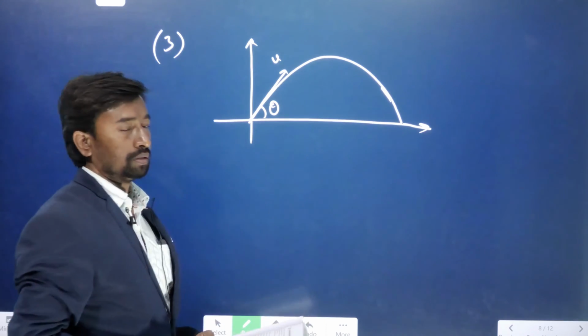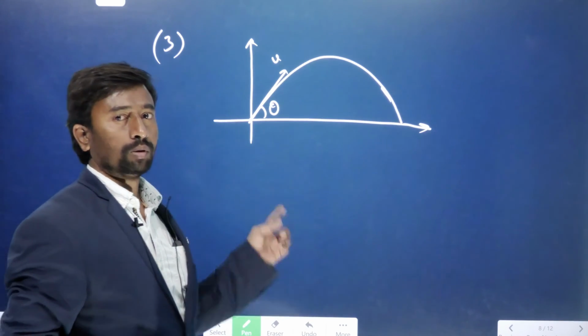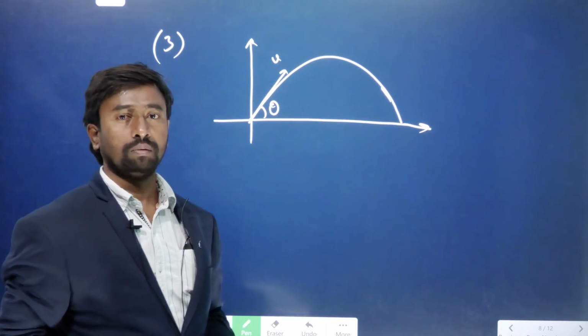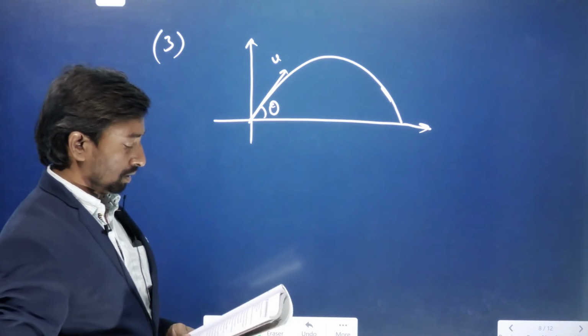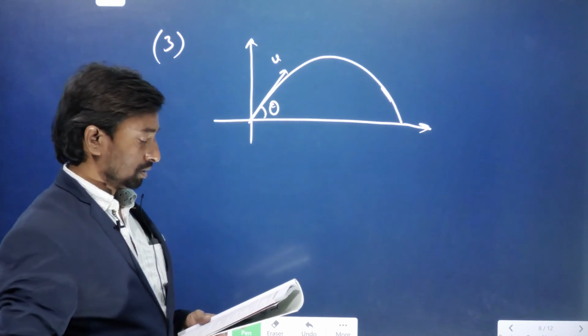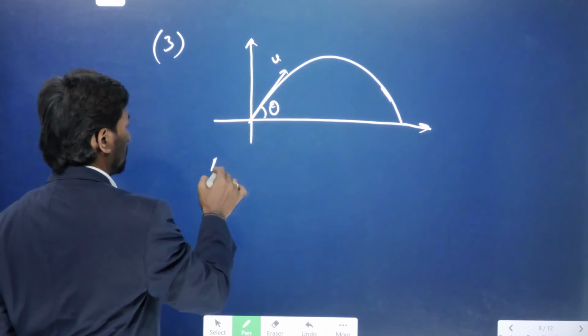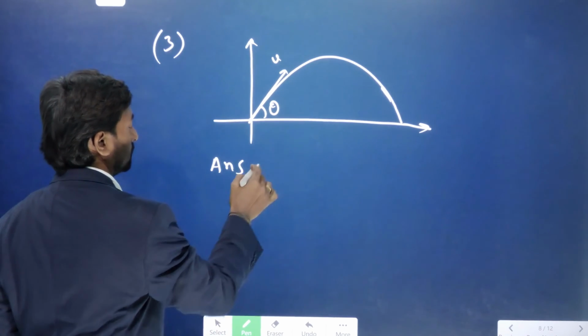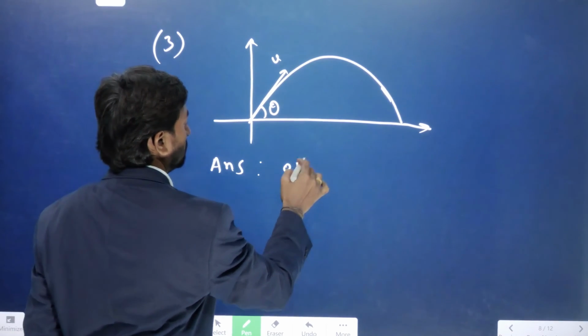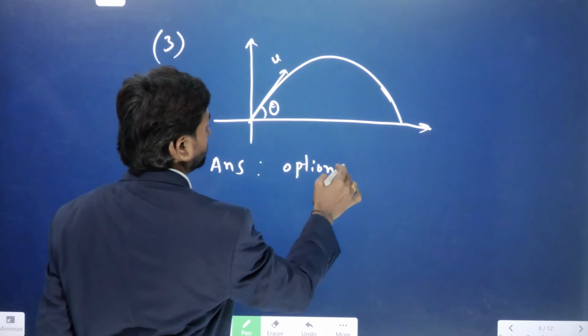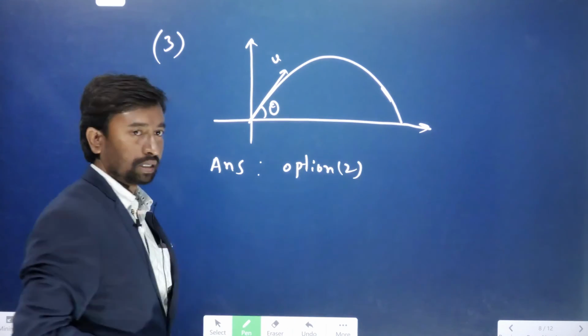The center of mass of the whole system of particles will follow a parabolic path. So here the correct option is that the path of center of mass is a parabola. It is the second answer. So option 2 is the correct one.